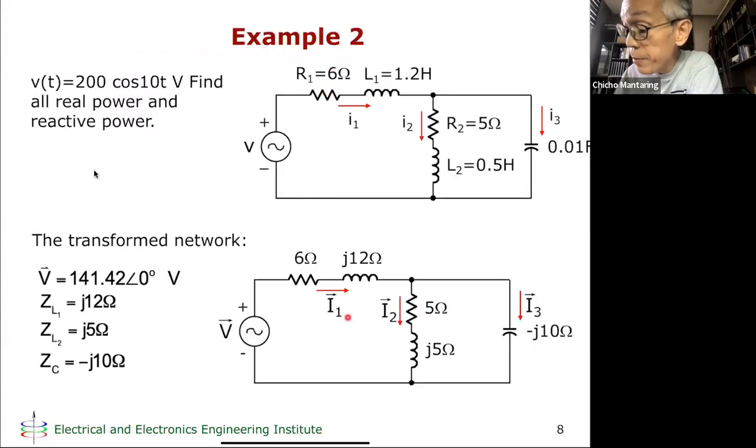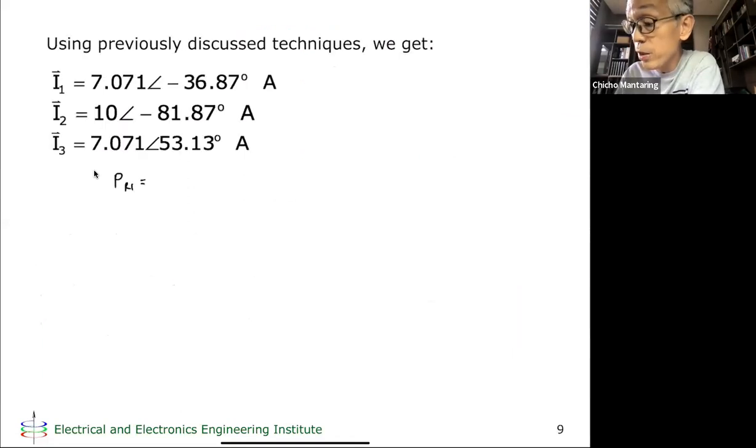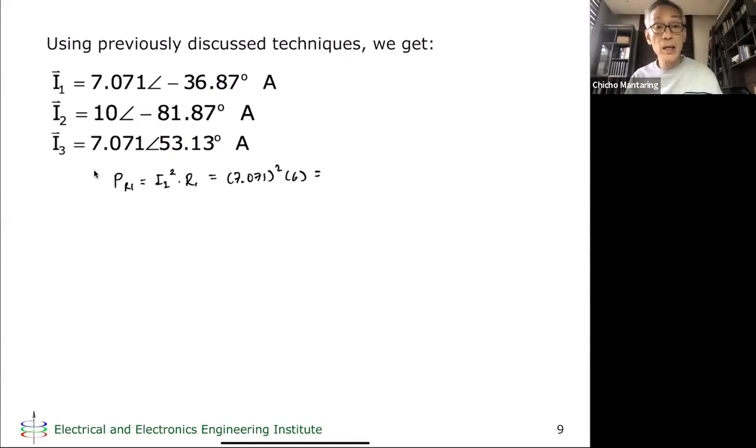That should just be the RMS value of I1 squared times R1, or 7.071 squared times 6. And if I do that, this is going to be equal to 300 watts.